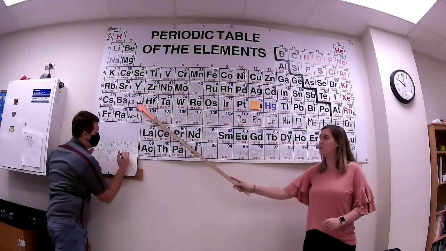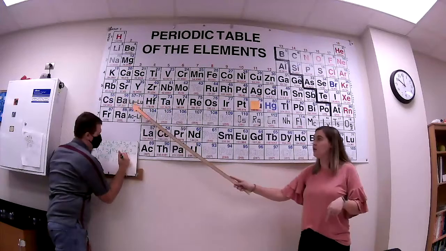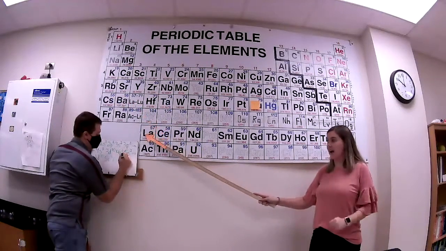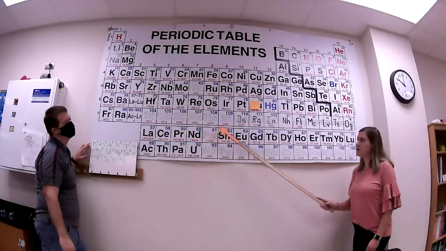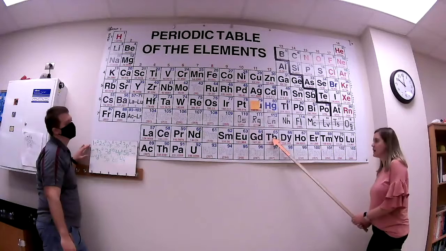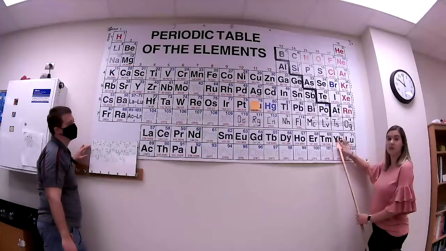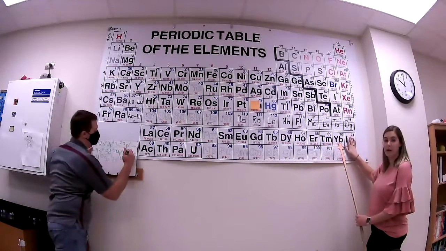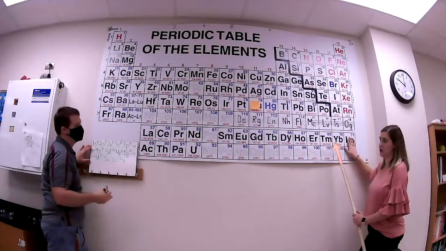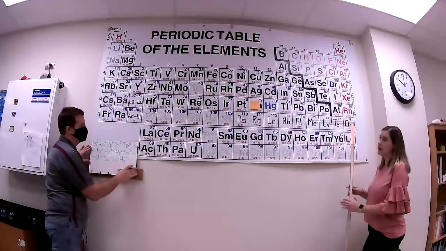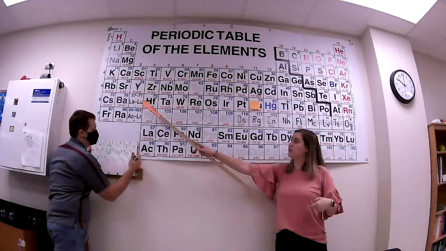So we have F sublevel is down 2 rows, so we're on the 6th row, so this is 4F, and then we're going to cross 1, 2, 3, 4, 5, 6, 7, 8, 9, 10, 11, 12, 13, 14, with this YB being there. You guys remember LU is actually part of our D sublevel, and that's how it's written on the periodic table that's on Canvas for y'all. All right, so F. Now then we're in our D sublevel. So remember your D sublevel is down 1 row, so we're on the 6th row.